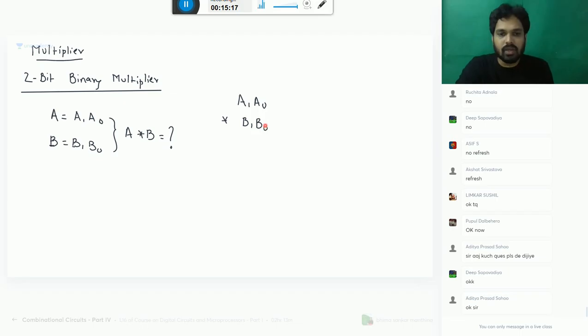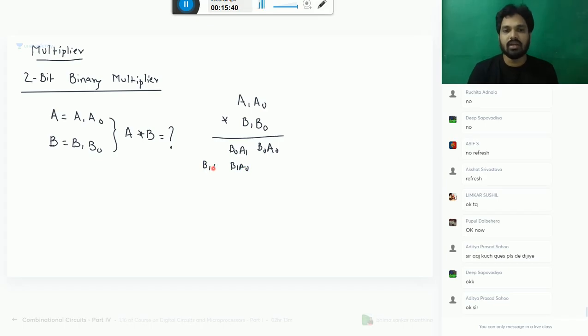I hope you remember the basic multiplication. What is A1 A0 into B1 B0? Multiply B0 into A0 and B0 into A1, B1 into A0 and B1 into A1.